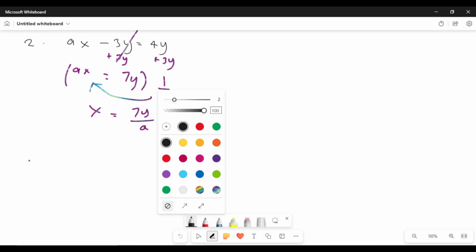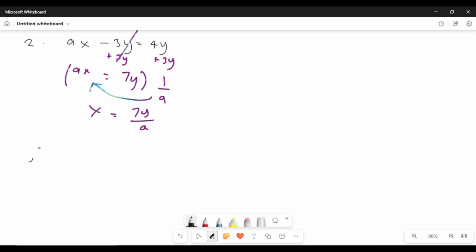Okay, let's try another example. Example 3, we'll have y over x plus a is equal to b.